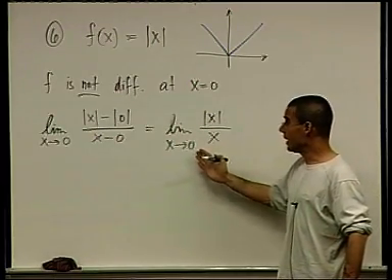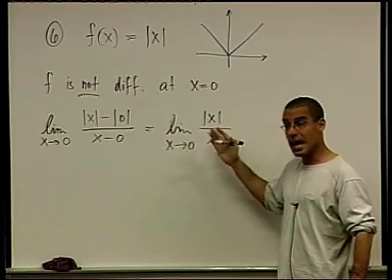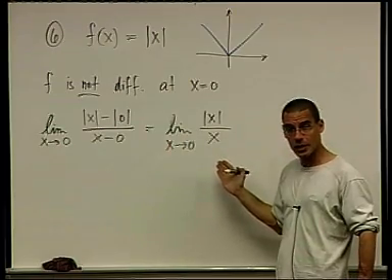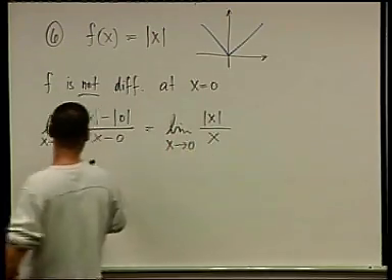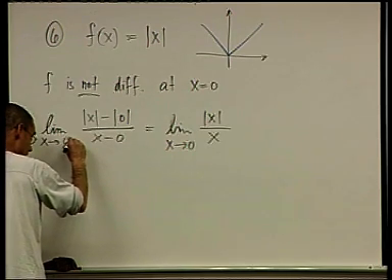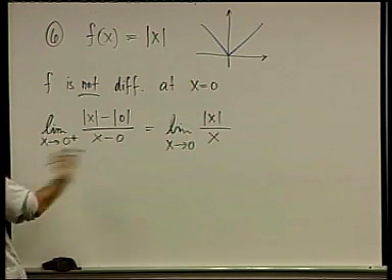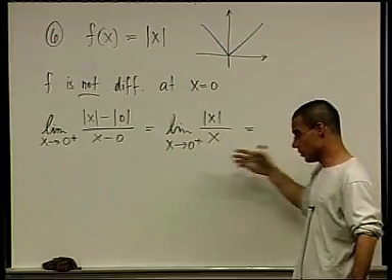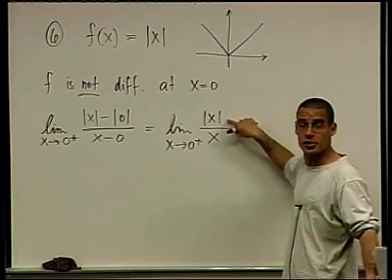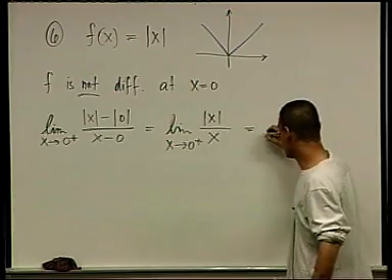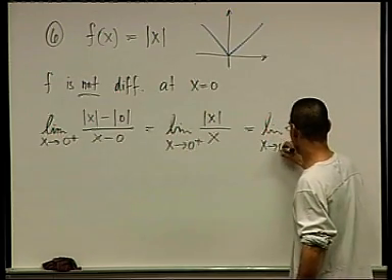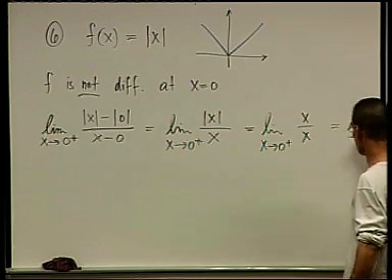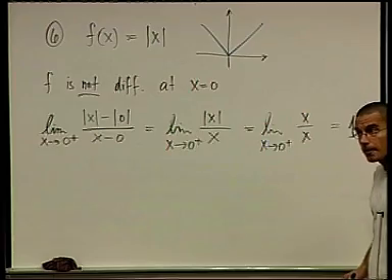And, well, absolute value of x is x itself when x is positive, and it's minus x when x is negative. So we're going to have to separate this into the two one-sided limits. So when x approaches 0 from the right, the absolute value of x is just x, right? So it's the limit x goes to 0 plus of x over x. This is just 1, so this limit is 1. Do you agree?